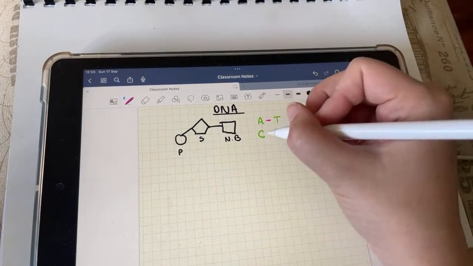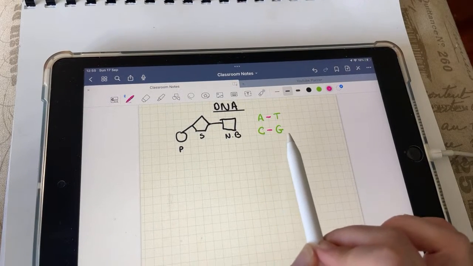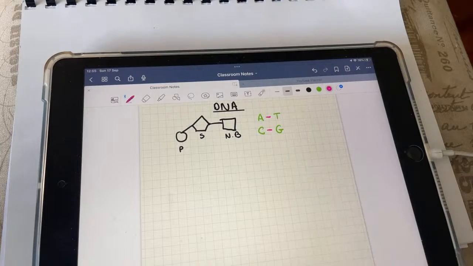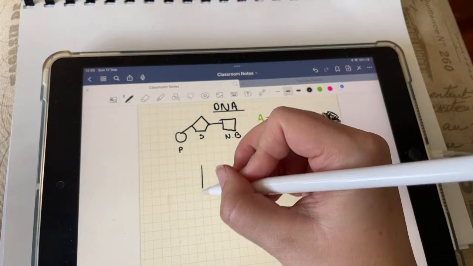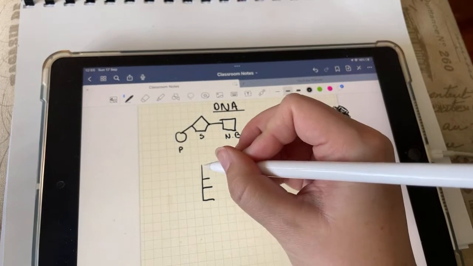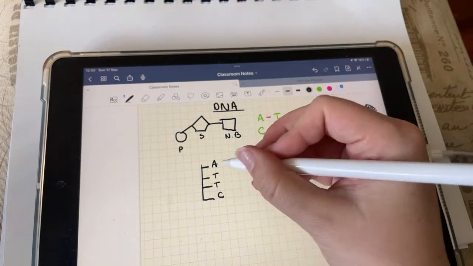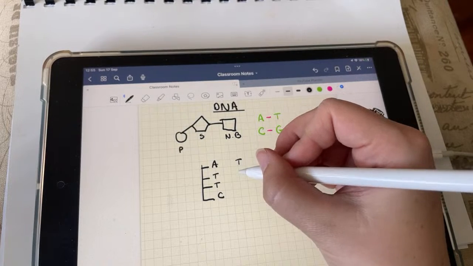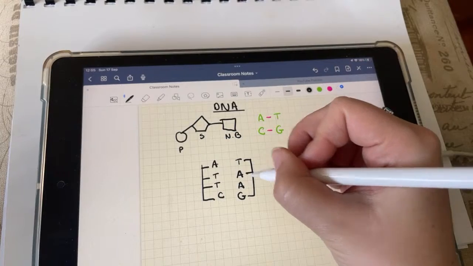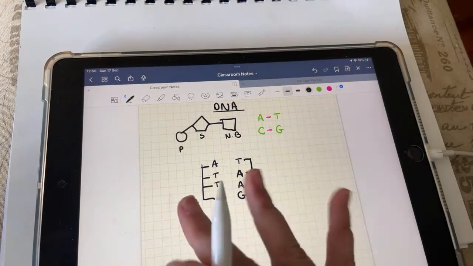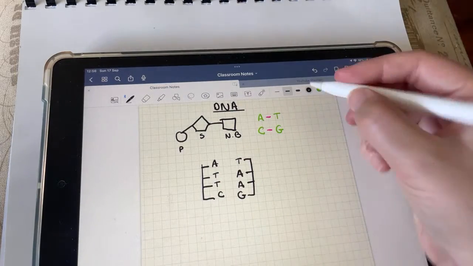And we know that these are complementary in the sense that A always joins to T and C always joins to G. That is their relationship. Why do they join like that? Because if we have a string of DNA, if the letters are A, T, T, C, then the complementary side will be T, A, A, G, right? Because DNA is double-stranded and it's complementary, right? So that's the basics of the structure of DNA.